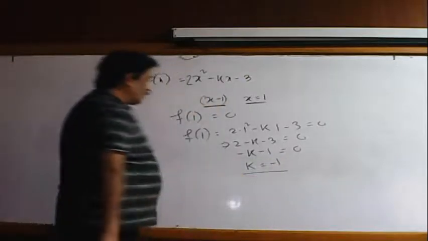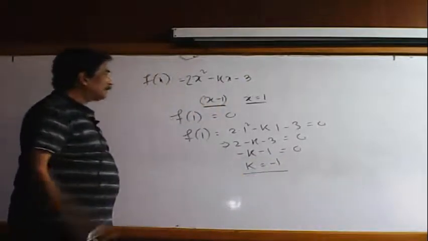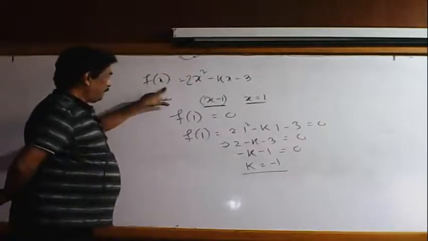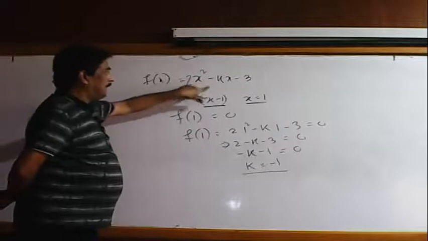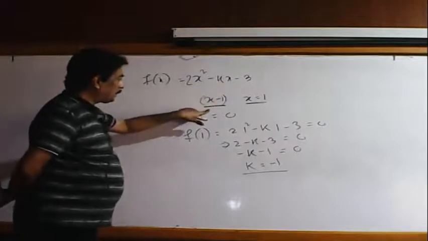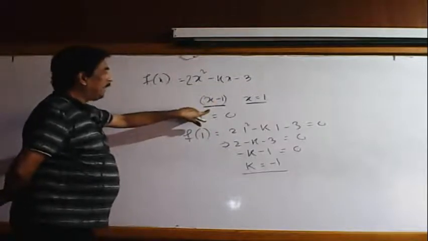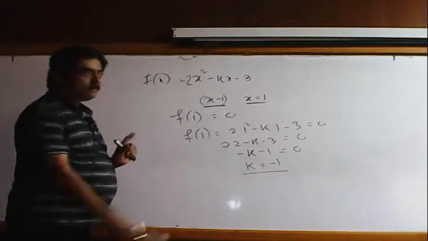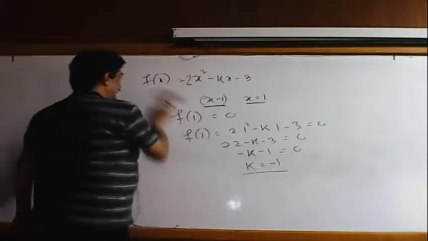So if k equal to minus 1, then only x minus 1 is a factor of the given expression. My question was, if f(x) = 2x square minus kx minus 3 has a factor x minus 1, then what is the possible value of k? k equal to minus 1. Okay, so we can give the next illustration.